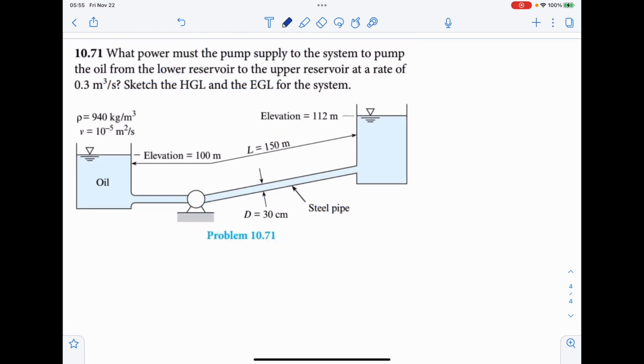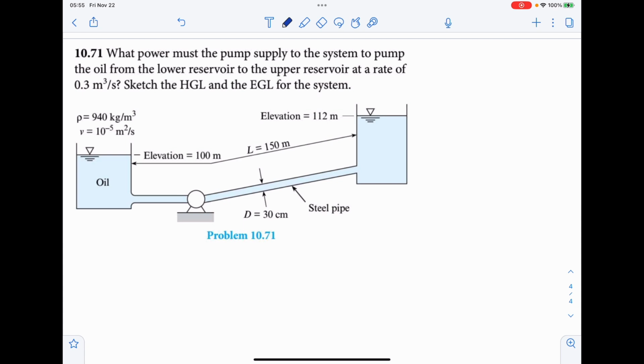Now let's look at problem 10.71. So this problem asks us to find the power of the pump for this system. So we have two reservoirs here.